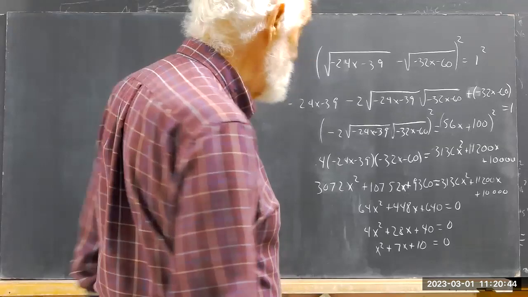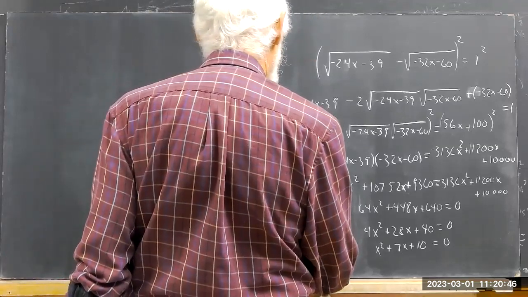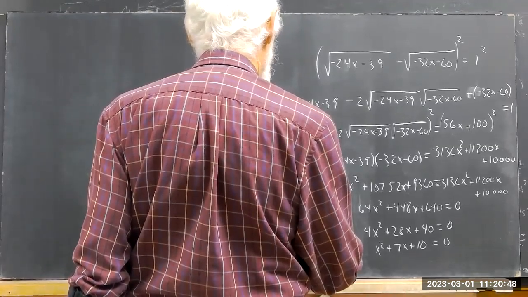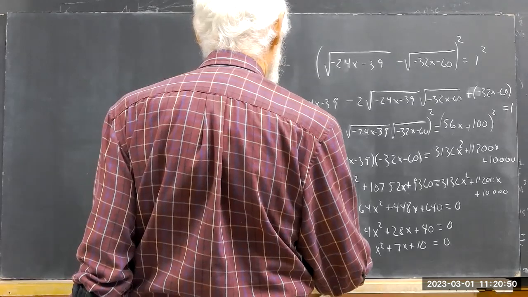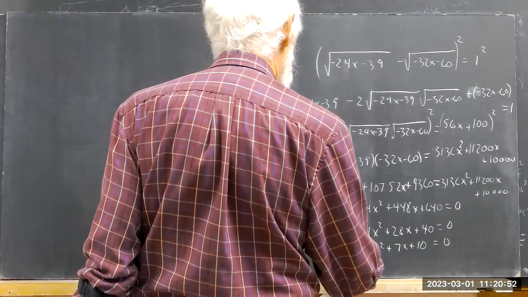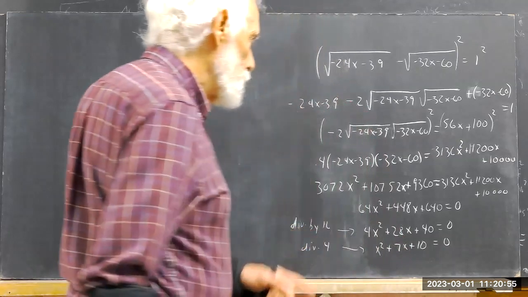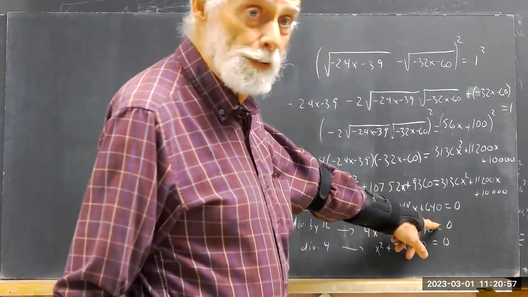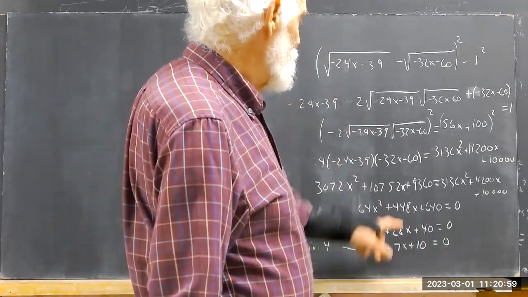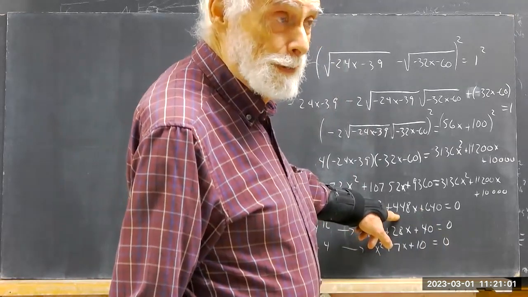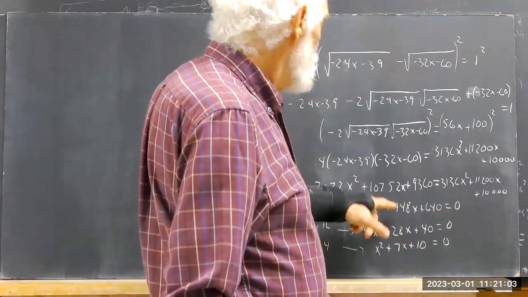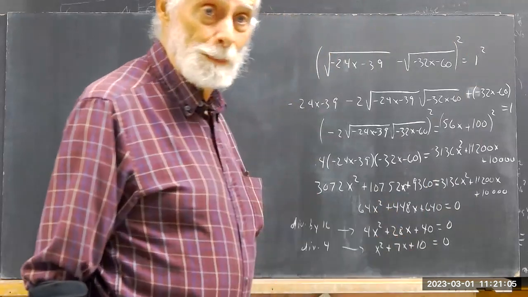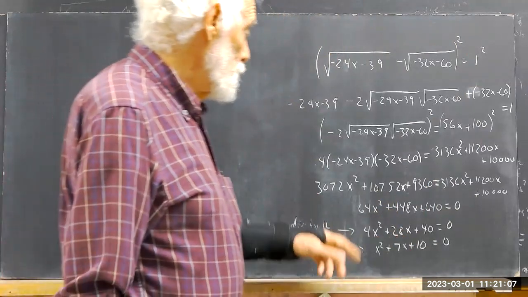So you divide by 16, then you divide by 4. I could have tried dividing by 64, because 64 goes into this as well as this. But it's quicker for me to divide there and then divide by 4, and it's more reliable.